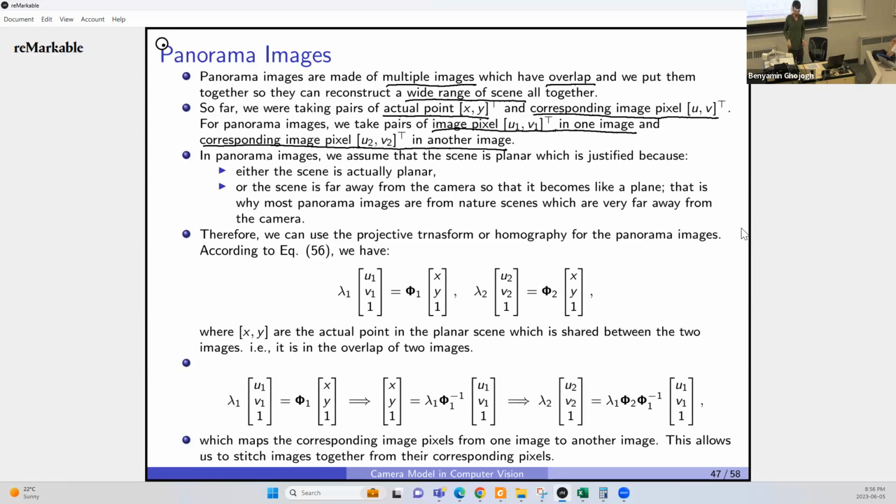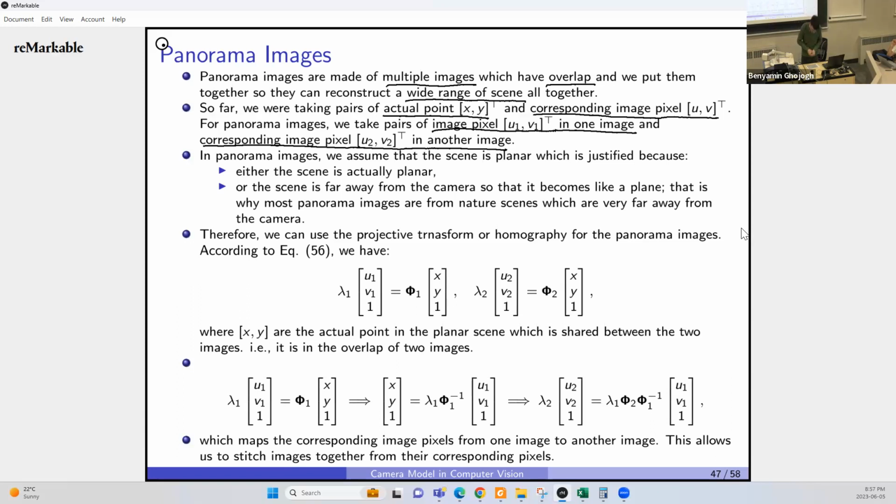Now in panorama, I have two images from the same scene. They have overlap. Also, some parts are not in the overlap. In the parts where they have overlap, some pixel of this image corresponds to some pixel in the other image. These two corresponding pixels are a pair. Rather than a pair of pixel and actual 3D point, now I use a pair of pixel and pixel: one pixel in one image and one pixel in another image in the overlap range.